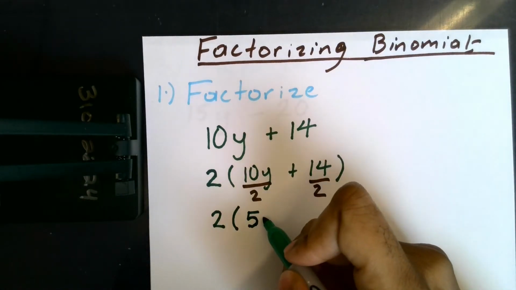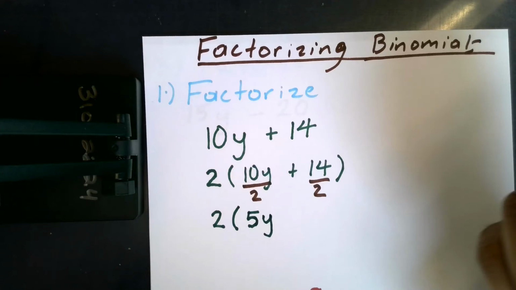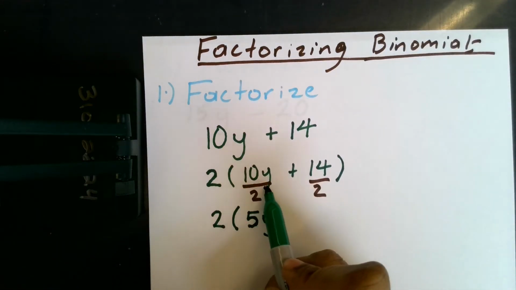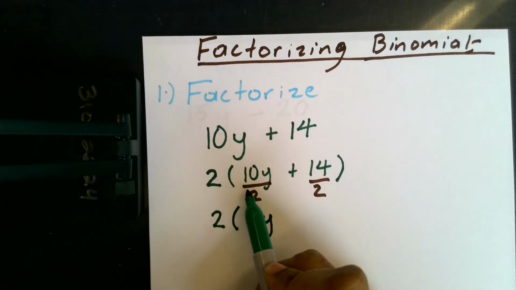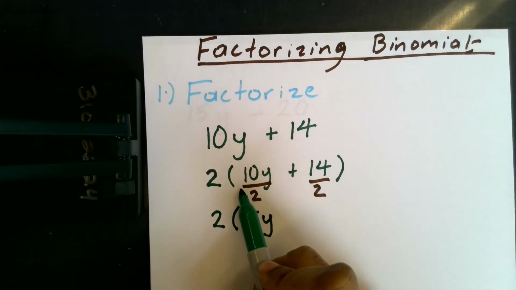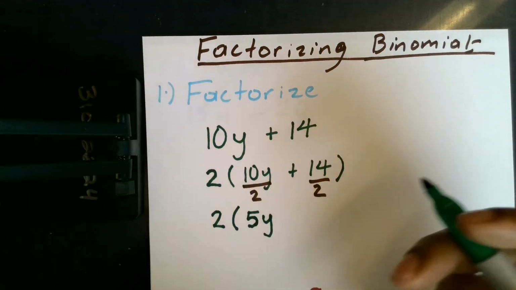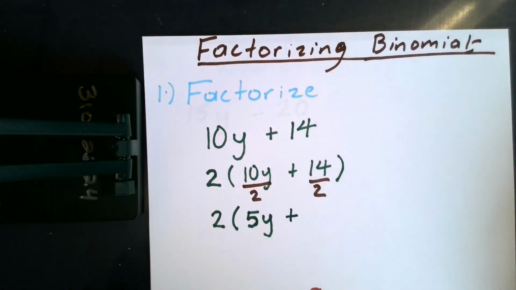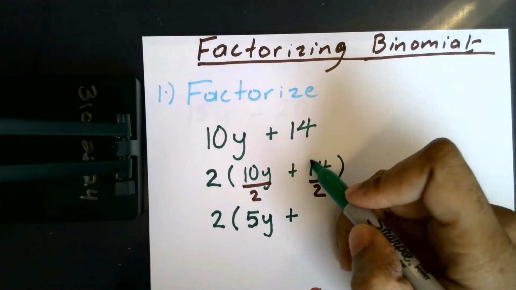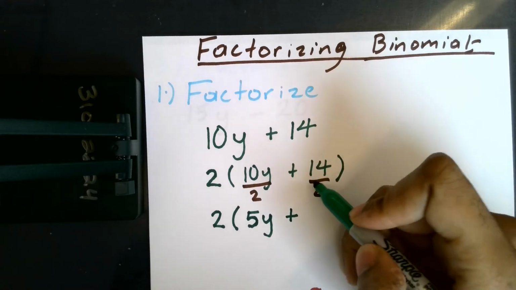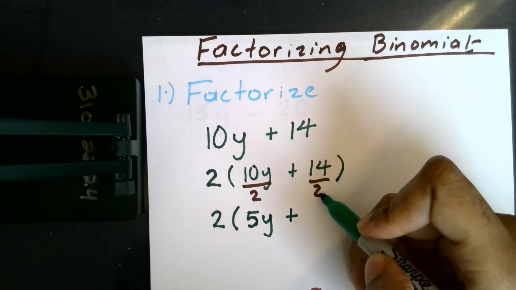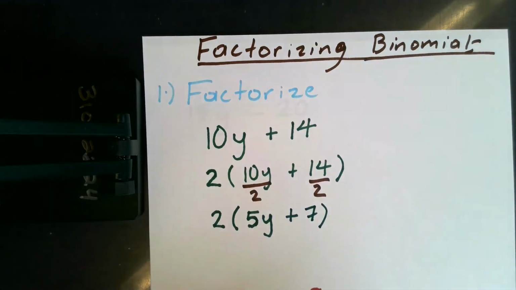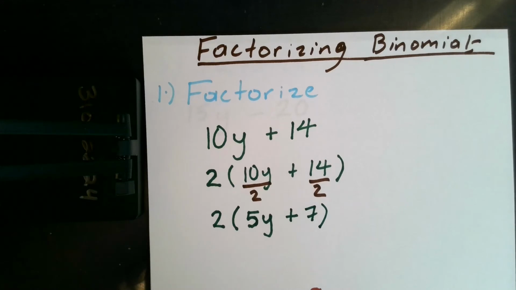So it is 5y. Remember, as I said in the previous video, this line means to divide. All right, we are adding, so it is plus, and we have 14 divided by 2, that is 7, and that is our answer.